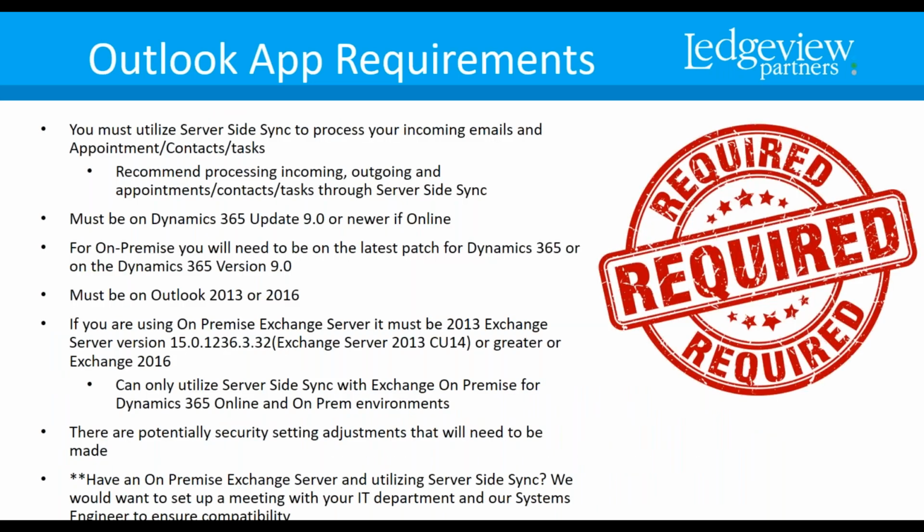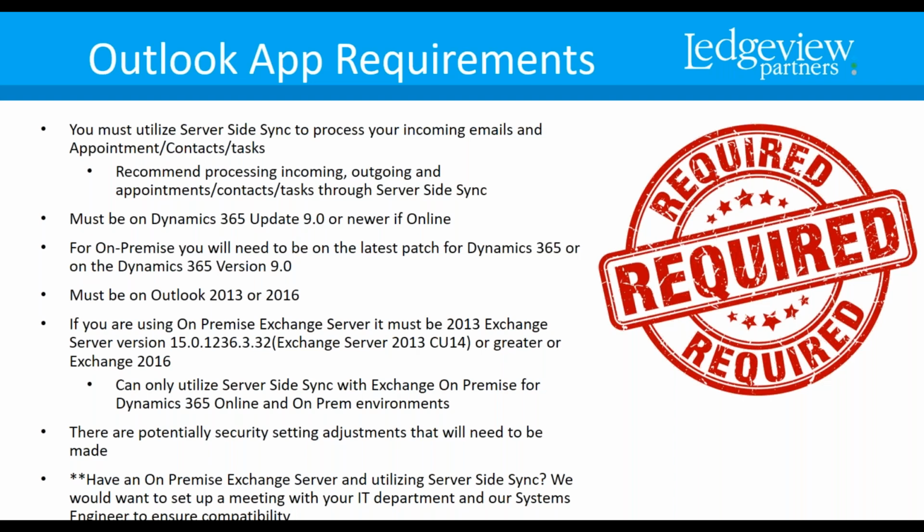Now, some additional requirements. Again, you have to utilize server-side sync. Okay, you have to for incoming emails and appointments, contacts, and tasks. Now, we recommend using server-side sync for all three, meaning including outgoing emails. For Dynamics 365, you need to be on Update 9.0 or newer.